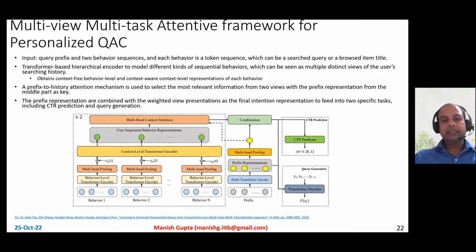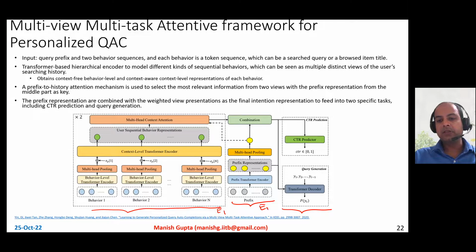What you see here is a transformer encoder-decoder based network. There is an encoder part, and there's also a decoder part. There are actually two encoders: one encoder which is encoding the user history or behavior, as you can see here, and the other encoder which is encoding the current user prefix.